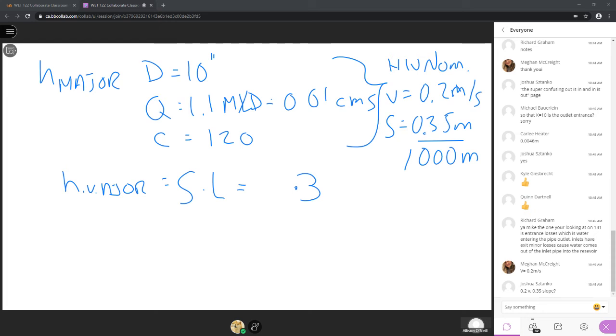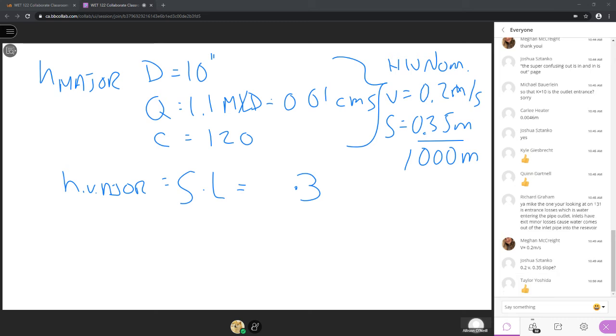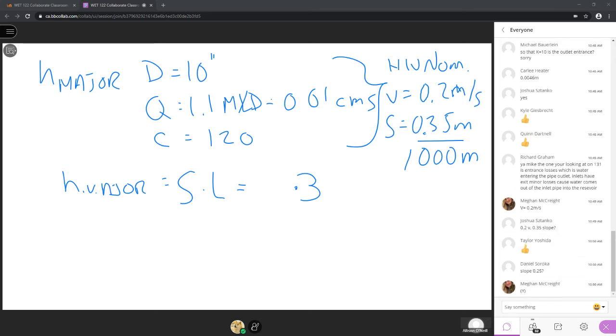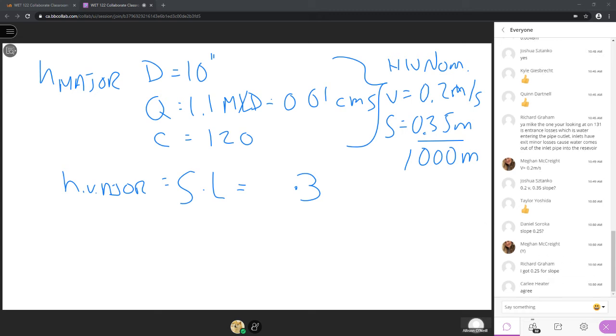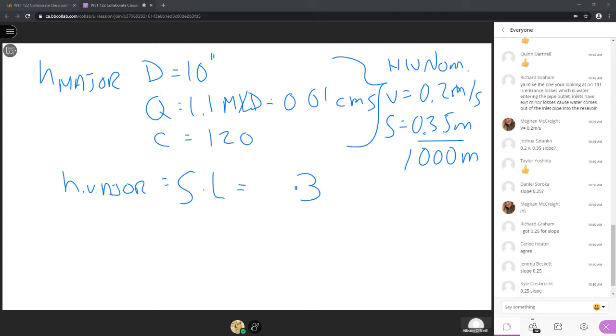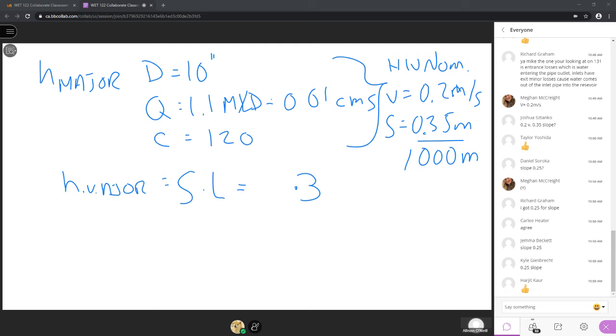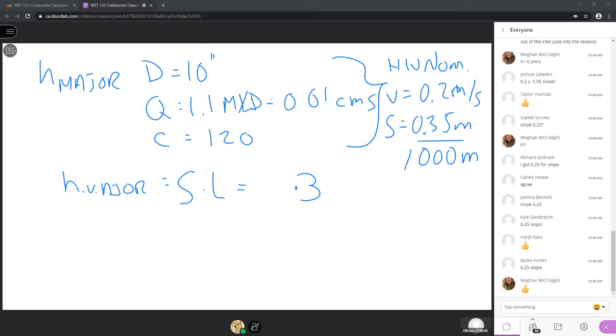How does everybody feel about those particular numbers? I need a few thumbs up or thumbs down when you get a chance, folks. Okay. It seems like some people are getting closer to 0.25 for the slope.